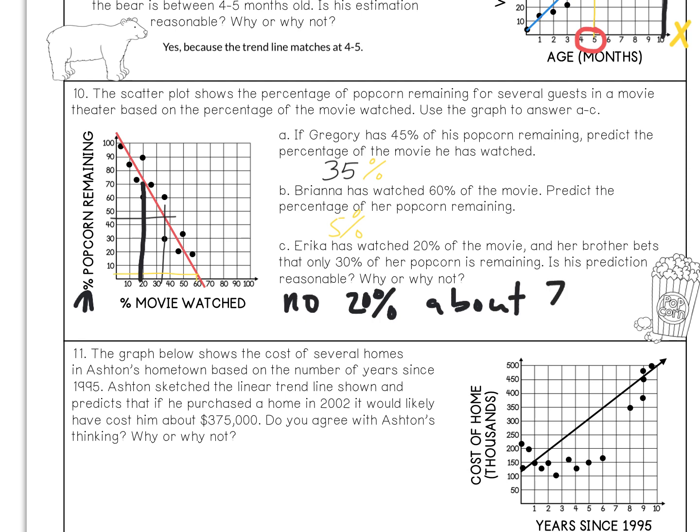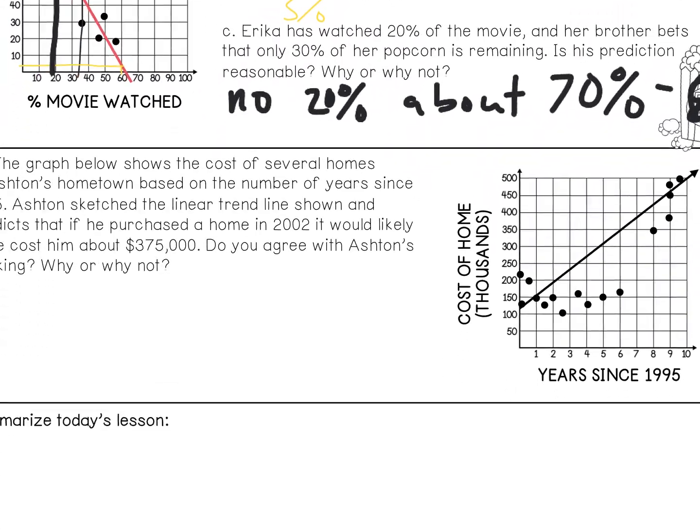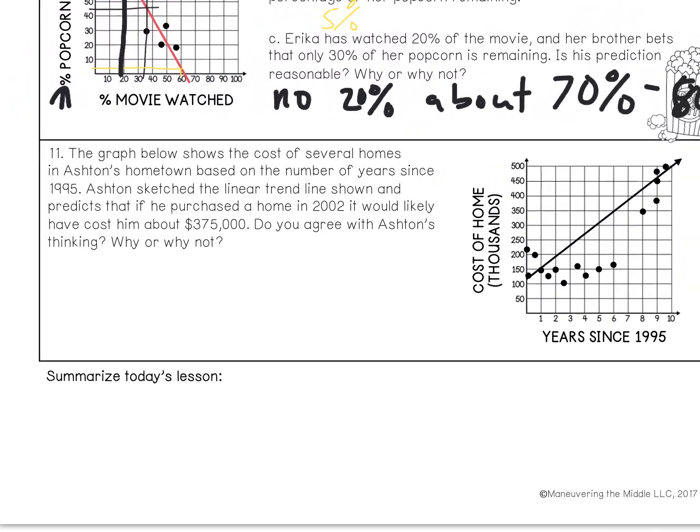About like 80%. Yeah, it could be 70 to 80%. So about 70 to 80% of the popcorn is left. Okay. Let's look at number 11. Okay. Try number 11.